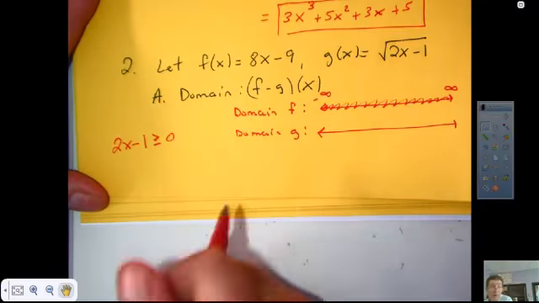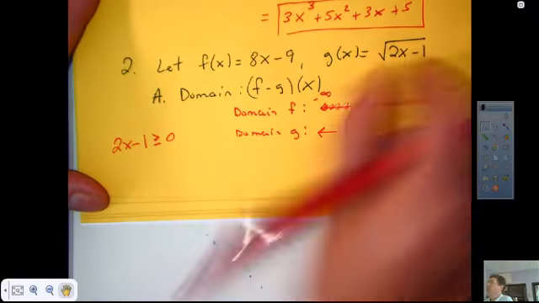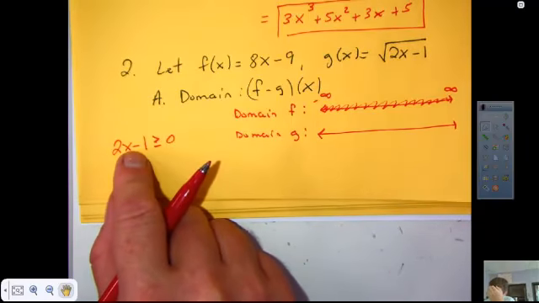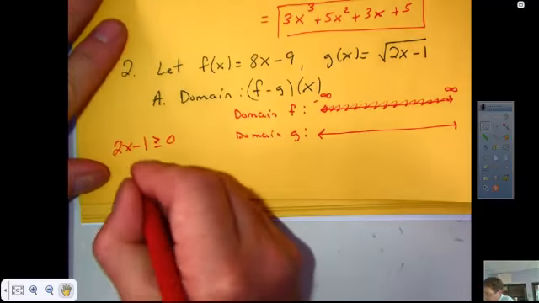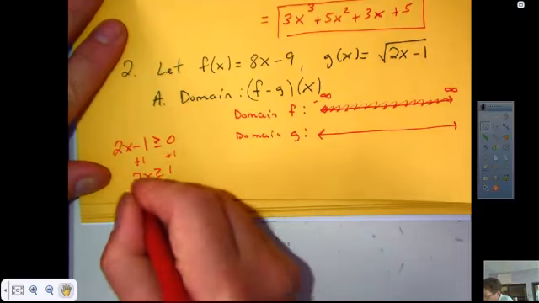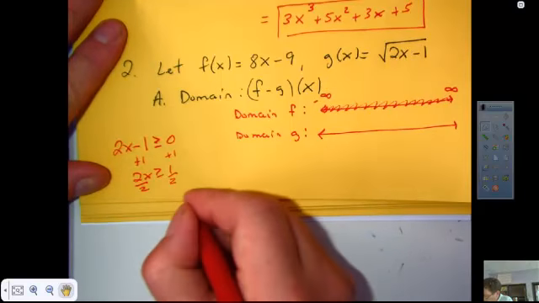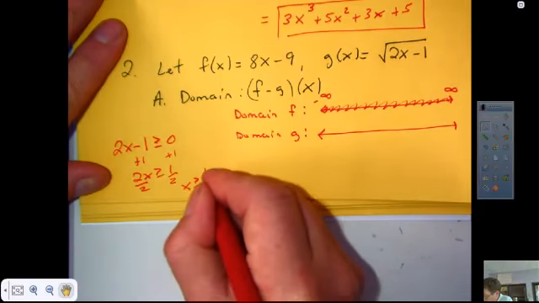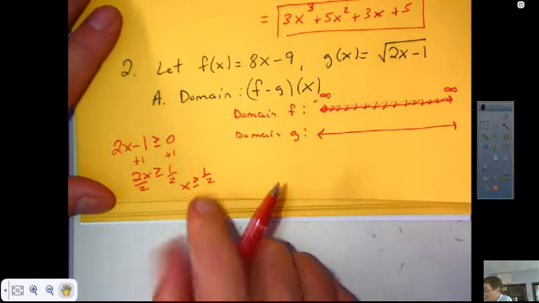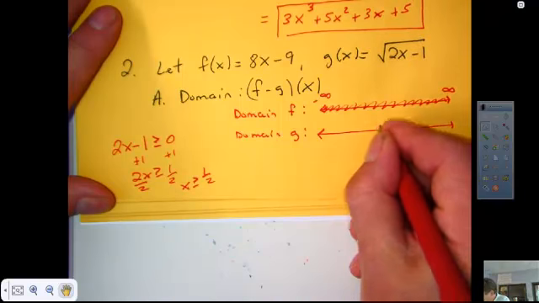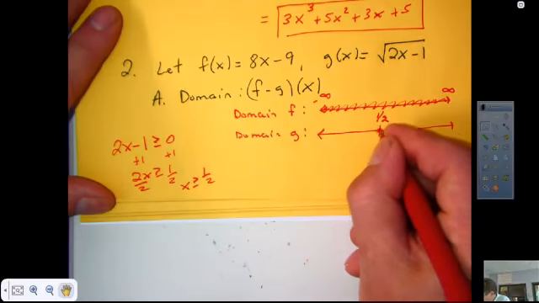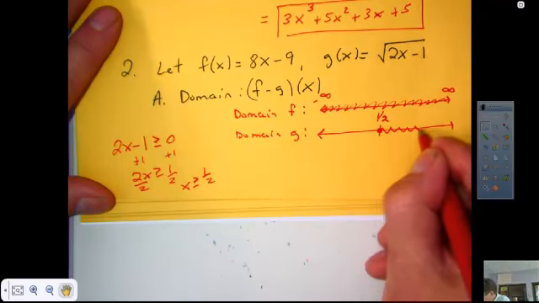I need it to be 0 or above. So this is an easy linear inequality to solve. I'm going to add 1 to both sides: 2x is greater than or equal to 1. Then divide by 2, so x is greater than or equal to 1/2. So on my graph, here's a half, and we put a closed dot and everything to the right.